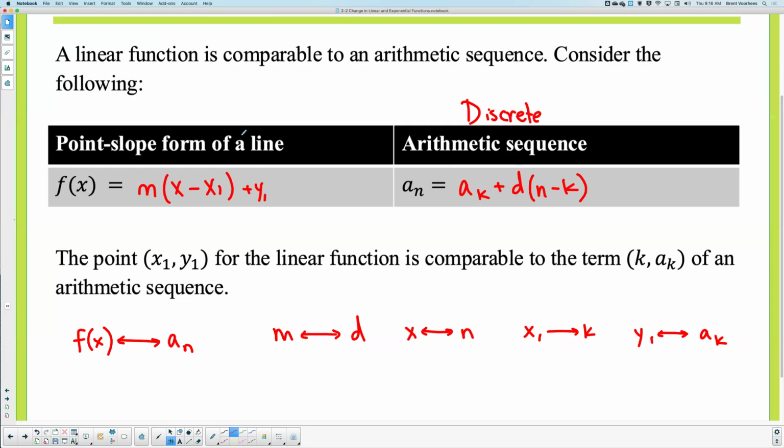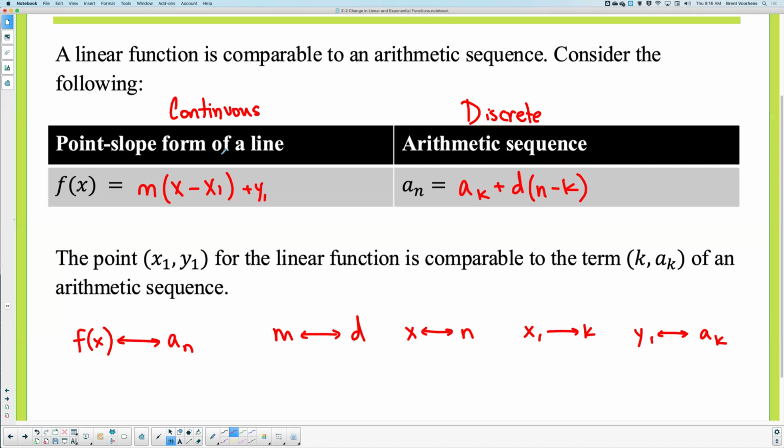Whereas the point slope form of a line is continuous. Continuous means there's no breaks. So once you start drawing your line, you continue your line without ever breaking the graph. Discrete is data that looks similar to a scatter plot. It's just a bunch of points, but the points are not connected. So there's gaps in the graph. That's what it means to be discrete.